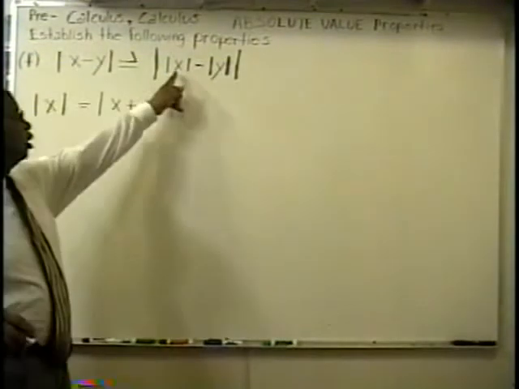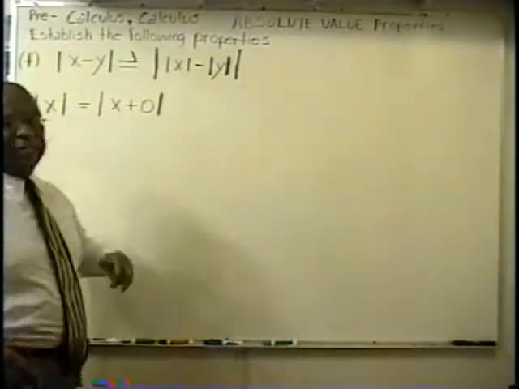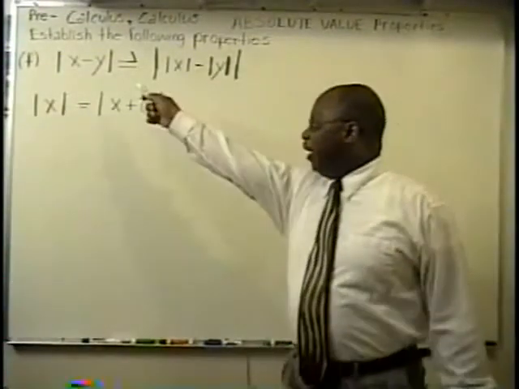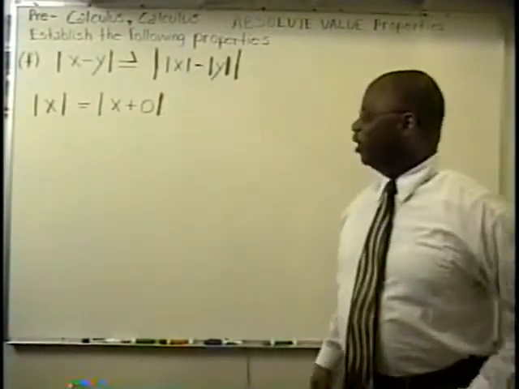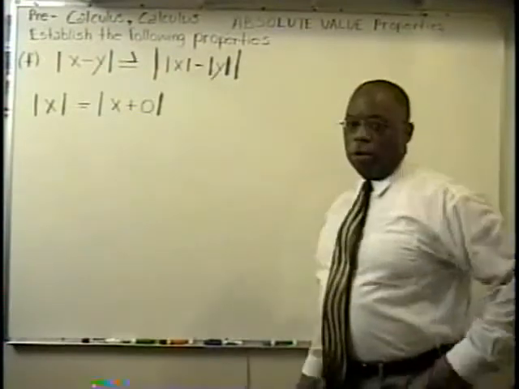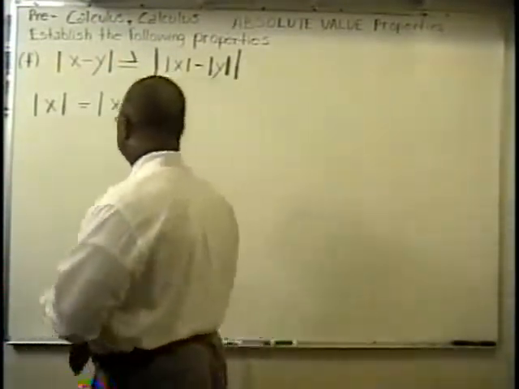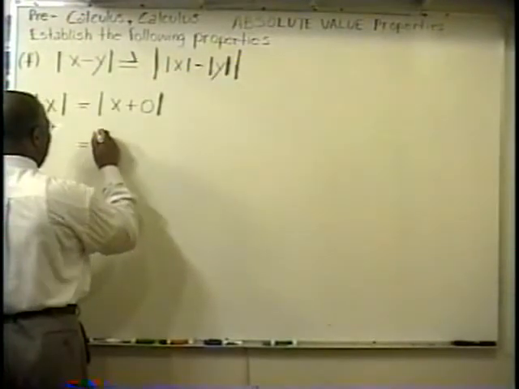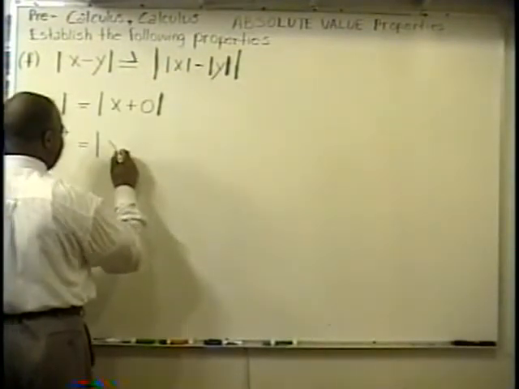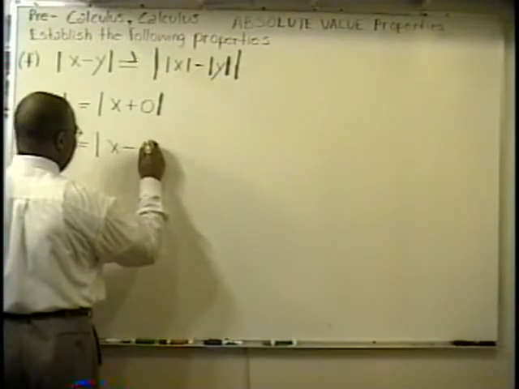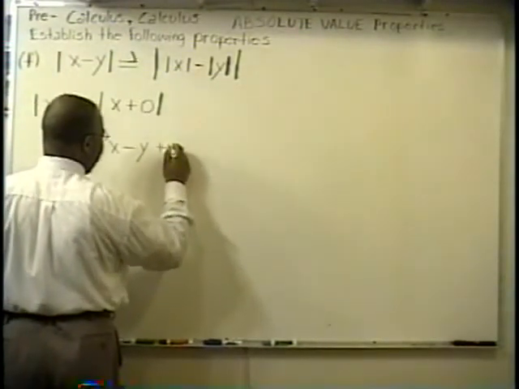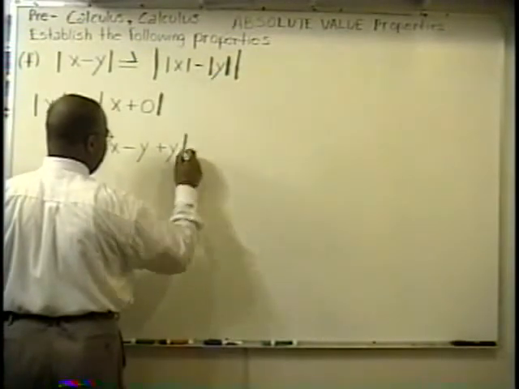If you look at this, we know we want x minus y. So the next part of our trick: we're going to have the absolute value of x minus y plus y, because y minus y, there goes our 0.